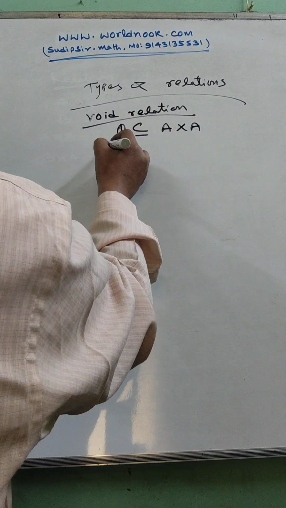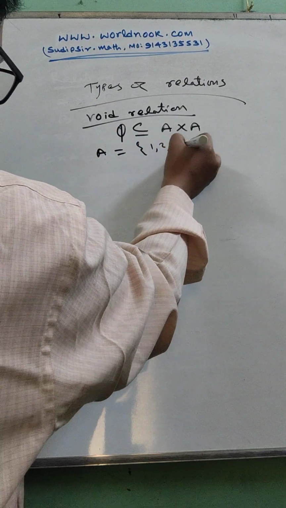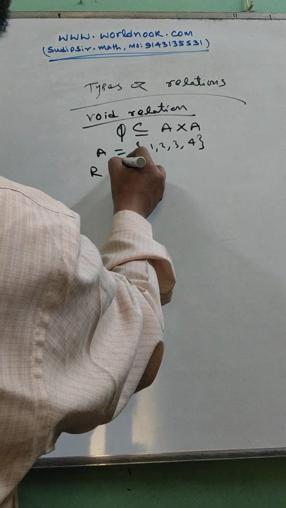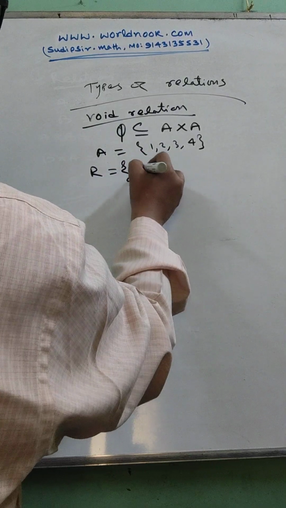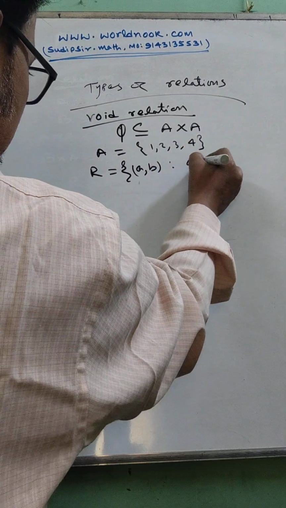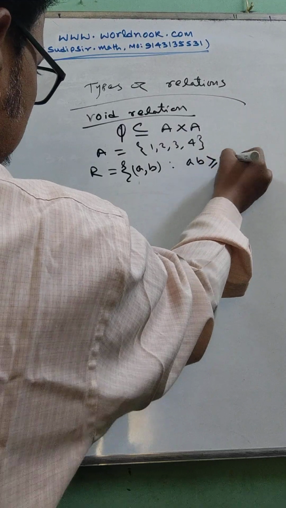For example, if A equal to {1, 2, 3, 4} and the relation is like this: R equal to the set of (a, b) such that ab is greater than or equal to 20.